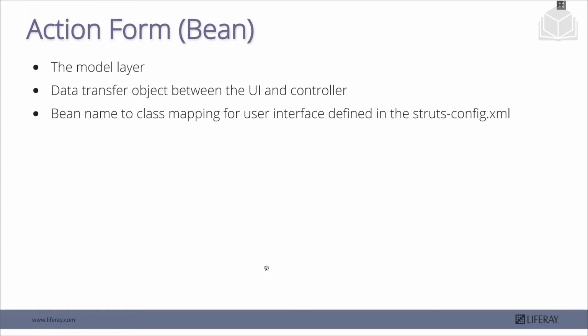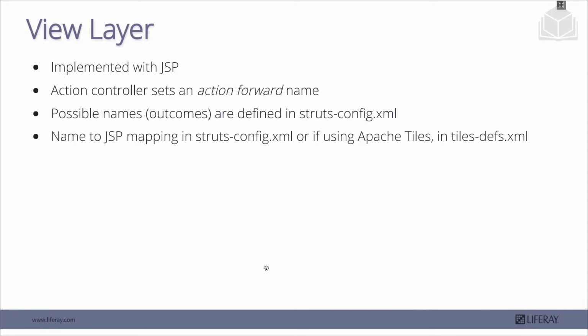So, right, action path sends us to a specific Java class. That Java class performs an action, and then the action form will then send us over to a specific JSP most of the time. And that JSP is the view layer.